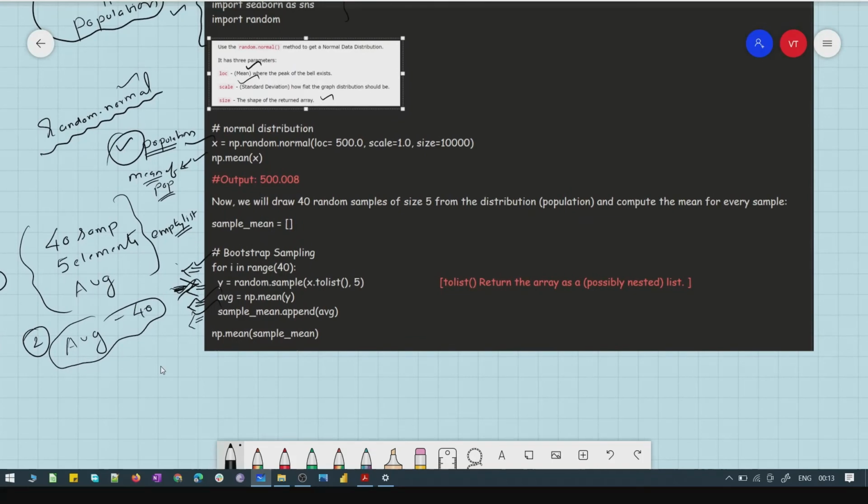Now if you look at the output, you will get something in the range of 500. One second, let me do this calculation. 500.0024. Yeah, so this is what I get.